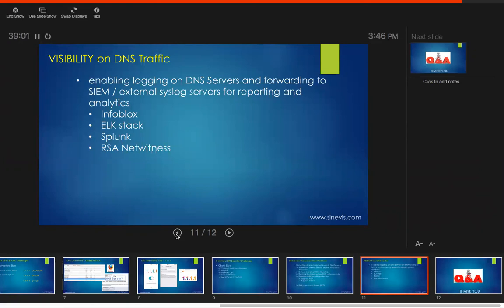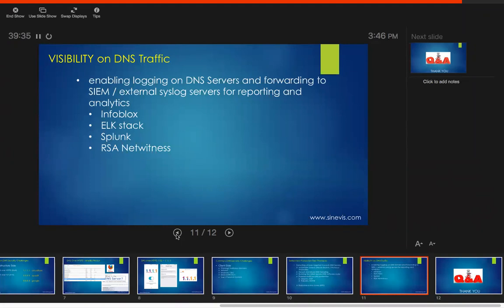You have a syslog server centrally in your data center, and you enable syslog forwarding, so whatever logs are generated on the server are forwarded to the external syslog server. Nothing is stored, or even if it's stored locally, it can rewrite once it reaches a certain size. The data is not stored for long on the server locally. It can be forwarded to an external syslog server on the network, and then the syslog server can process it.